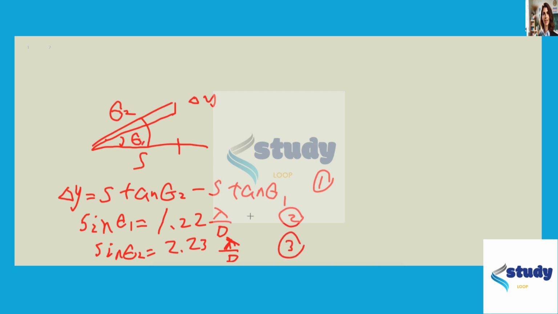Those are three equations. We don't know theta 1, theta 2, or the diameter d, and we have in total three equations. So we can solve them together and get all those parameters we didn't know yet.